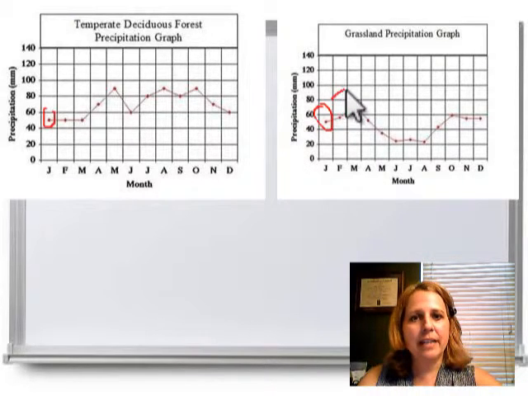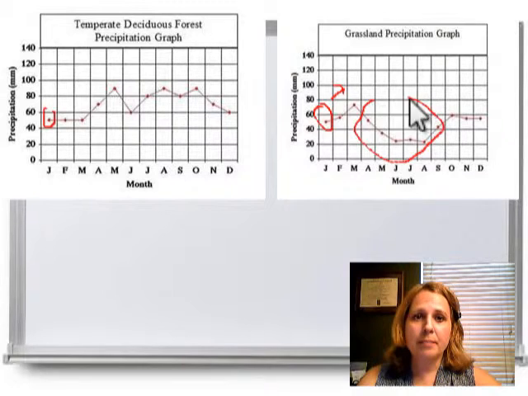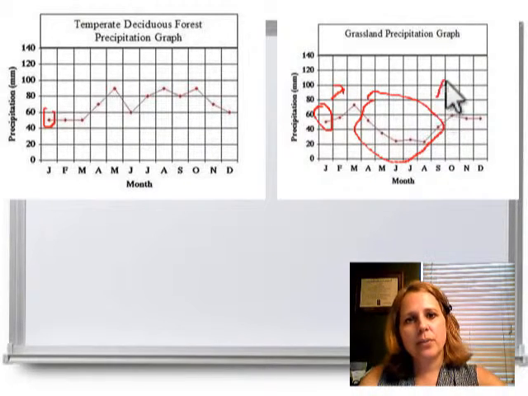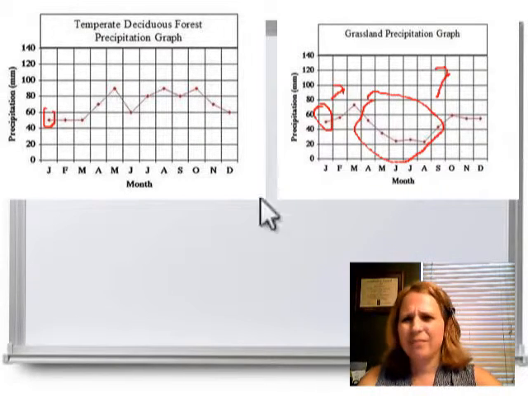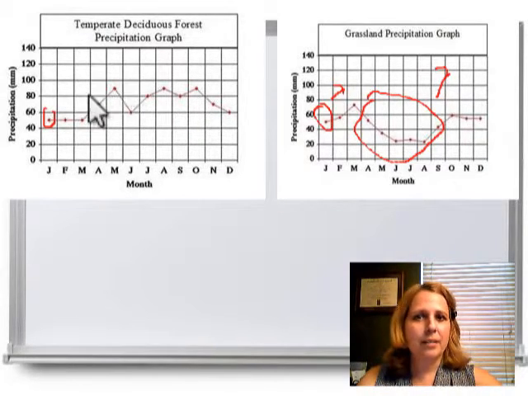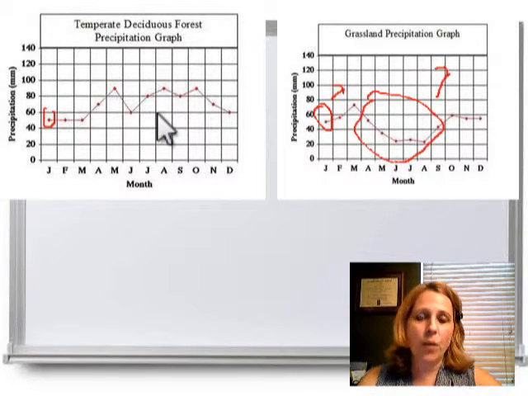We see a slight increase in the early spring, but then as it starts heating up, we see our driest months in the grassland in the summer before it starts to rebound in fall and increases until we have most of our rain occurring in the fall and winter. So it looks like we get a little bit more precipitation in the deciduous forest than in the grassland. And the grassland has a dry summer, whereas the deciduous forest has a wet summer.